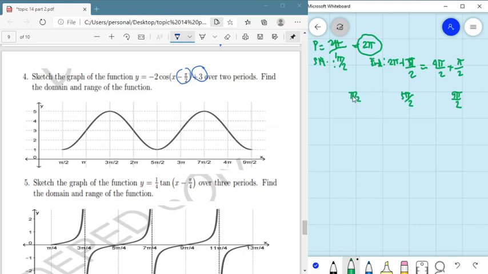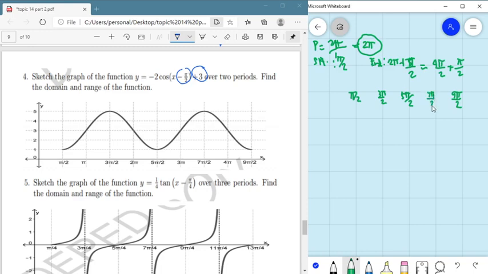So, we have 5 plus 2 is 6. 6 pi over 2, that's 3 pi, so 3 pi over 2. And then 5 plus 9 is 14, over 2, so 7 pi over 2.